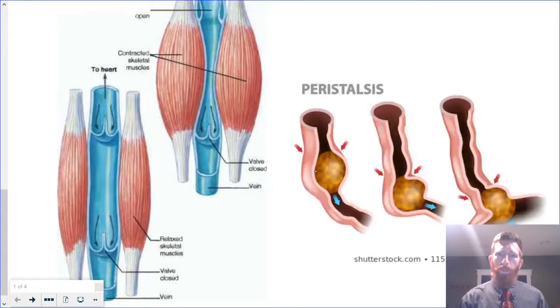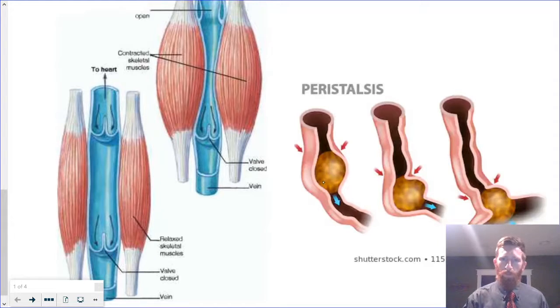So that's one way. A second way is that the lymphatic vessels are actually made of smooth muscle, just like your digestive system. And so they'll very slowly, through the process of peristalsis, move lymph through the vessels. I don't think we've talked about peristalsis yet, but basically it's the contracting and relaxing of different sections of smooth muscle.